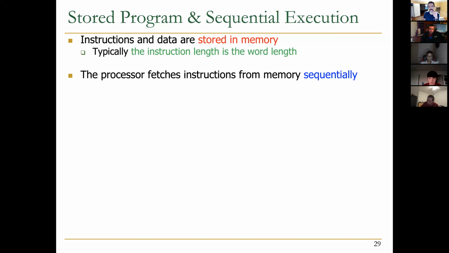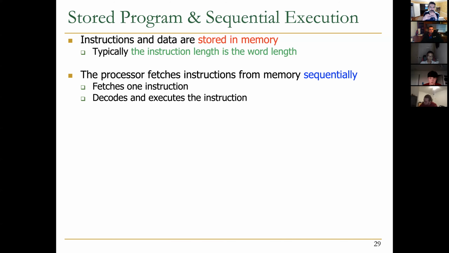The processor fetches these instructions from the memory sequentially, meaning one instruction at a time. So it fetches one instruction, then you need to decode and execute it, and then you continue afterward to the next instruction.